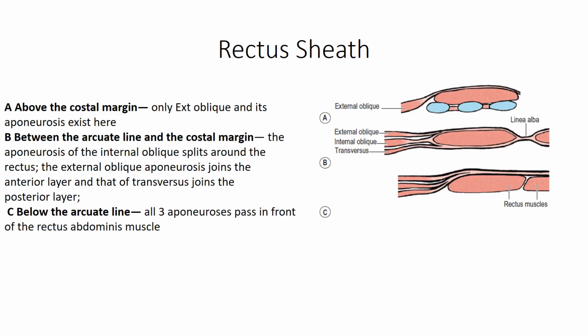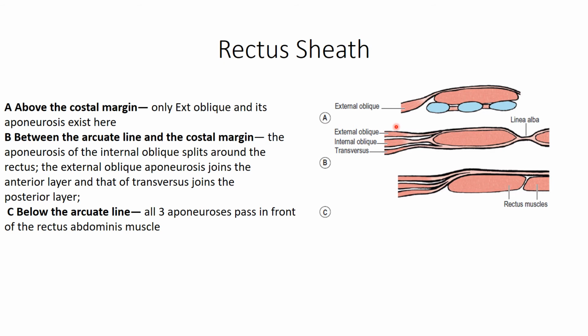So classically, the rectus sheath is often described in books as having three compositions. Above the costal margin, only the external oblique and its aponeurosis exist, covering the rectus abdominis anteriorly. So above the costal margin, there is only the external oblique aponeurosis and the anterior lamina here.